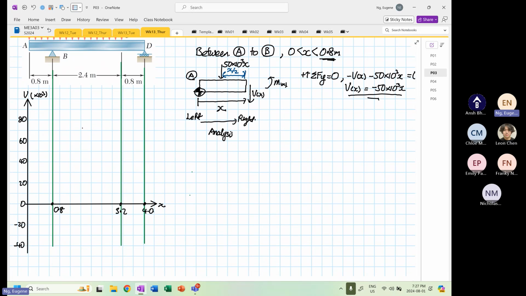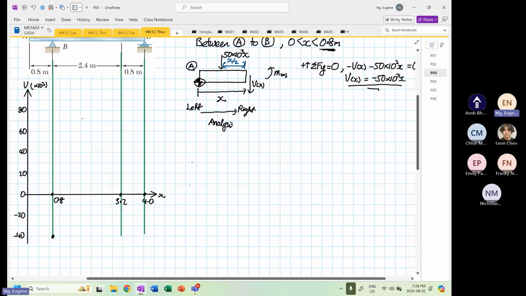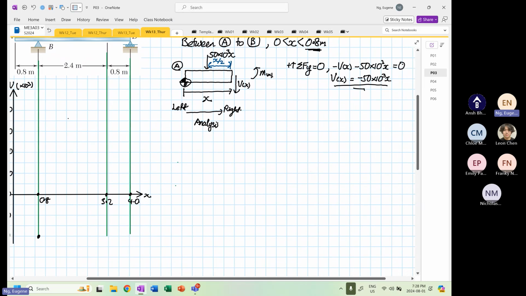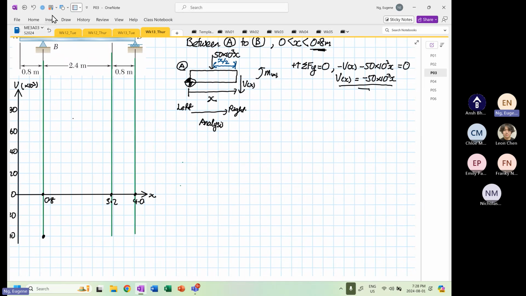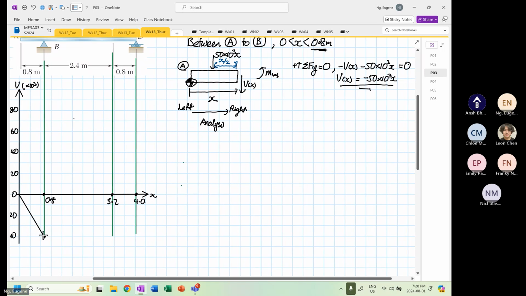So minus 50 times 10 to the power 3, times 0.8, you get minus 40. So the first value over here comes over here. And because the function has a negative, your gradient is negative. So this is your first diagram. Over here, this is equal to minus 40 times 10 to the power of 3.